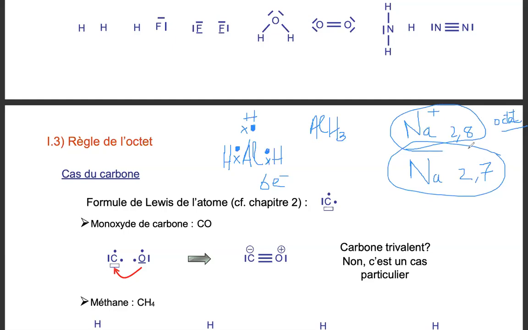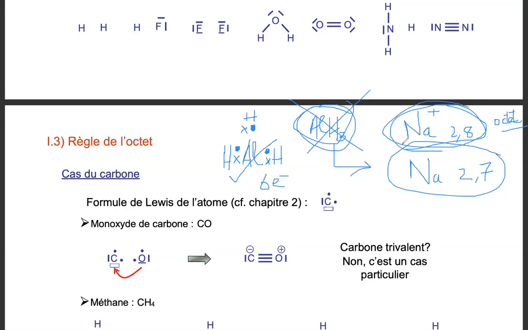But it is found that it's the opposite. Those that want to satisfy the octet rule, in the case of aluminium hydride, will not be formed. But in the case where aluminium hydride forms under the octet rule exception, it will be formed and it will be stable.